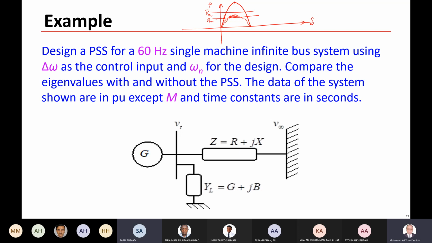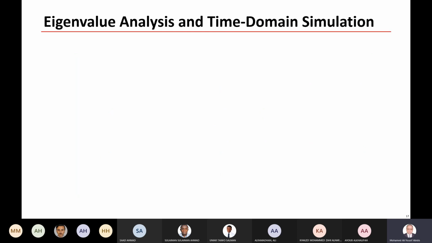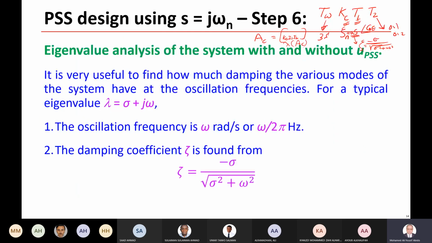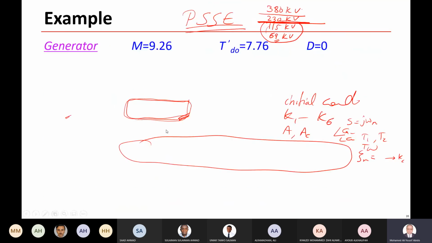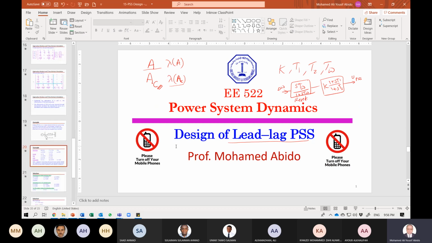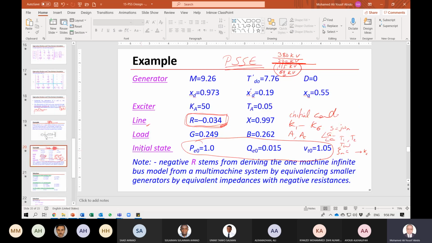Any other question? Any other question? Okay, and I assume things are clear as far as there is no question in terms of the steps of the design of the power system stabilizer and the blocks of the power system stabilizer, function of the reset block, function of the lead lag, and so on.